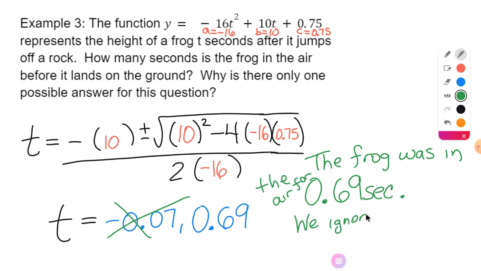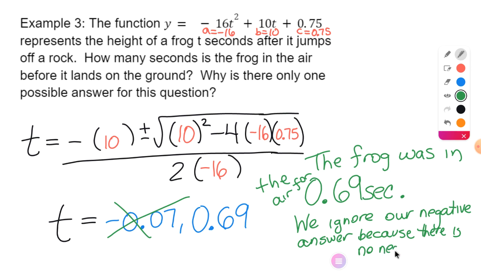We ignore our negative answer because there's no negative time. That's why we only have one answer here. It doesn't make sense. It's not logical. It's not reasonable.